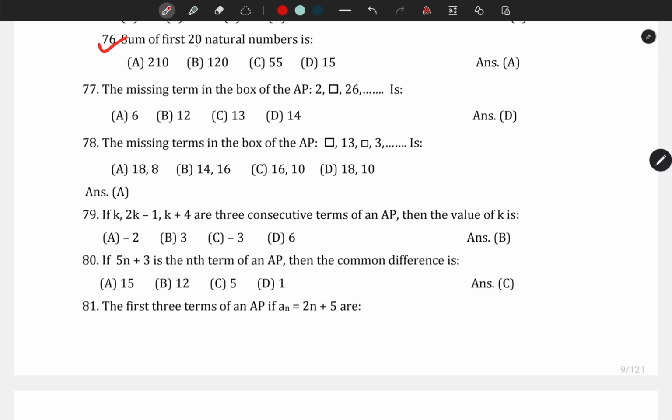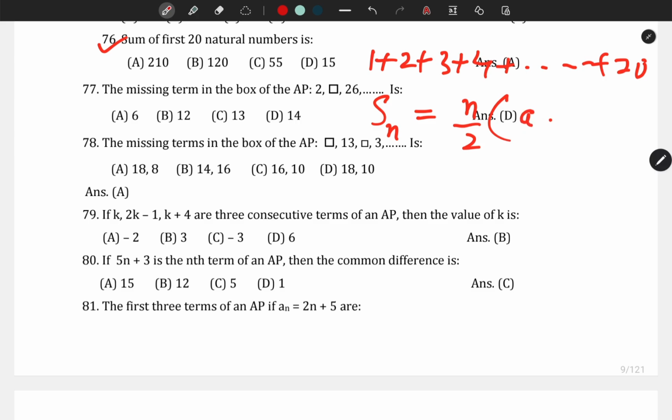76. Sum of the first 20 natural numbers is. Natural numbers start from 1. Sum of the first 20 would mean we add 1 plus 2 plus 3 plus 4 and so on up to 20 terms, and the last term also will be 20. So we'll apply the formula Sn, the sum of n terms, equals n divided by 2 into (a plus l), since we know the last term. n here means the number of terms.